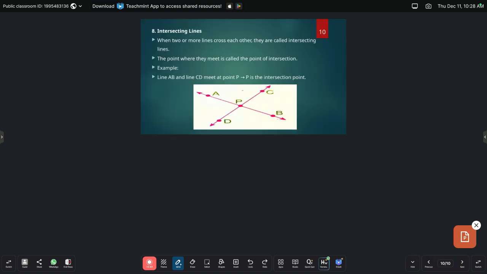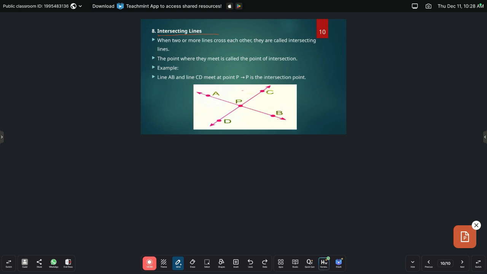Moving to the next. Next is intersecting lines. What are intersecting lines? When two or more lines cross each other, they are called intersecting lines. Look here, beta.